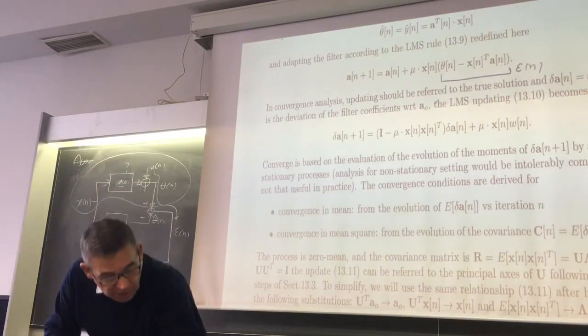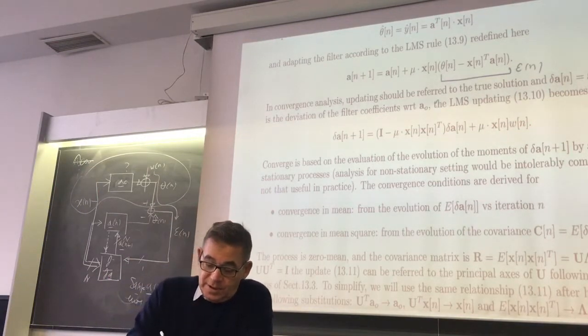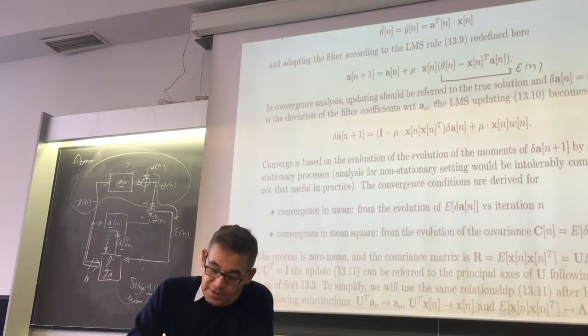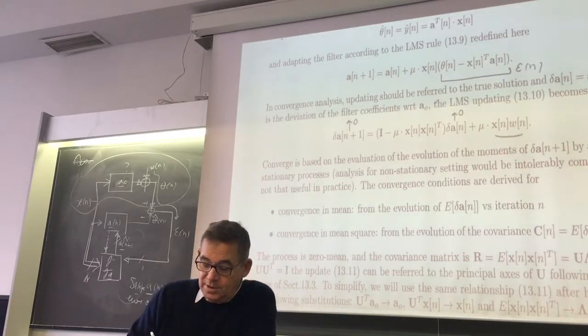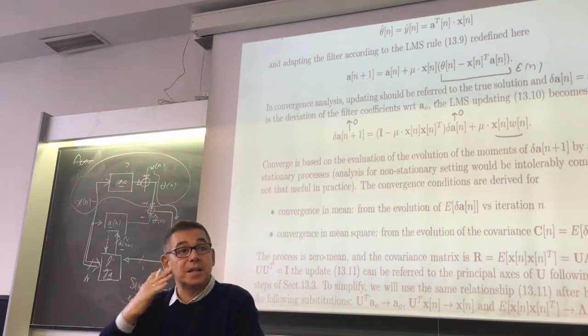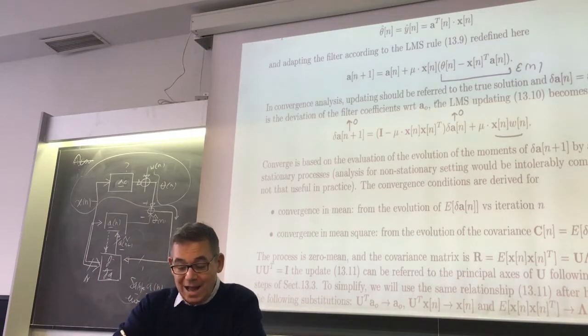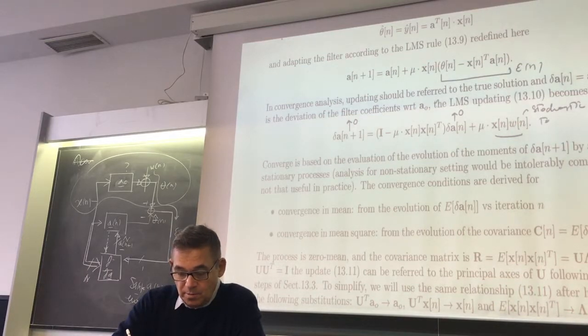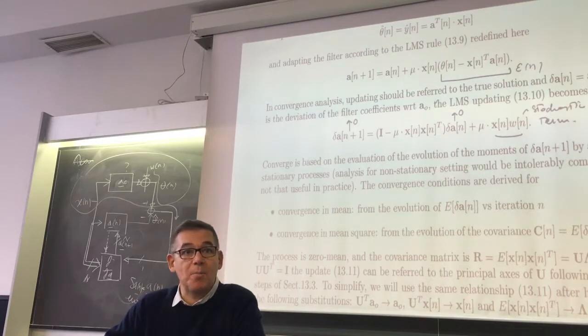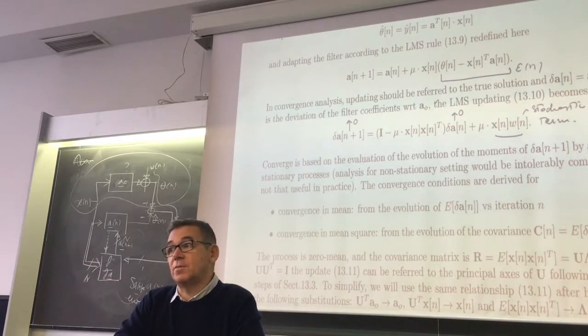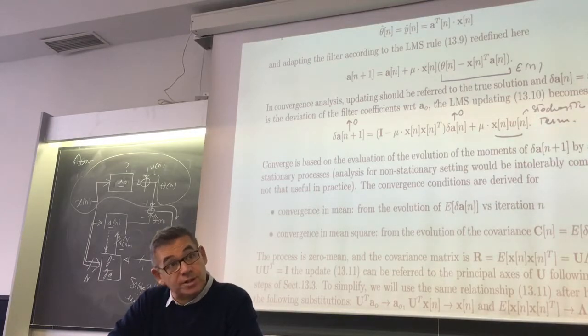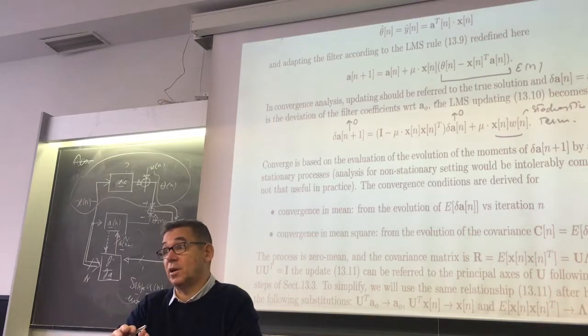So if this is converging and going to 0, this part goes to 0, but this is not going to 0. This keeps fluctuating. So I have a random stochastic term that is affecting convergence, which was not existing before. So this means that at convergence there is a residual anyway.